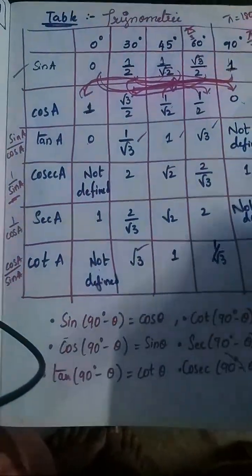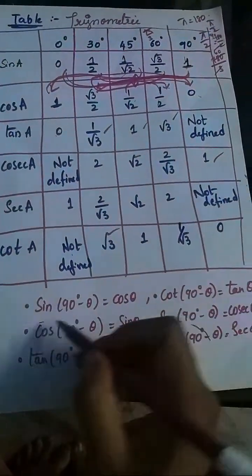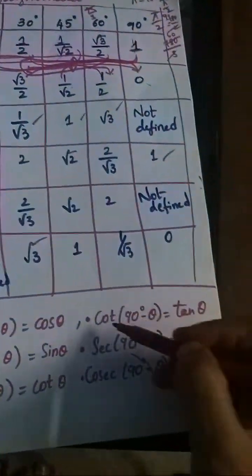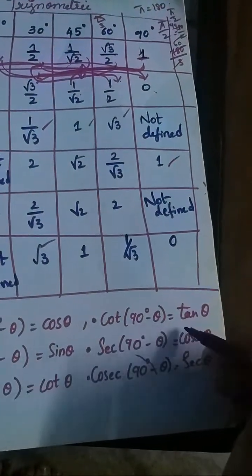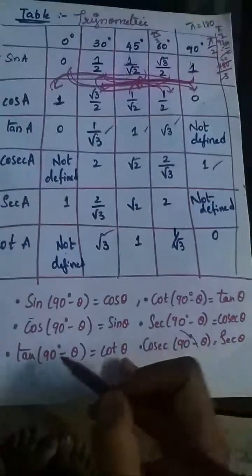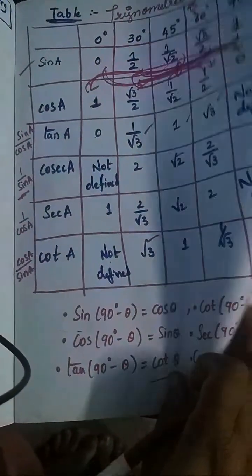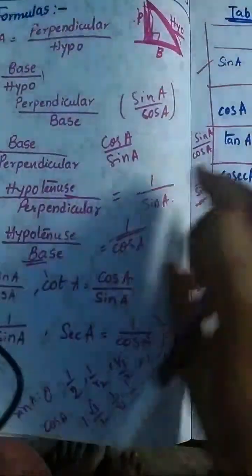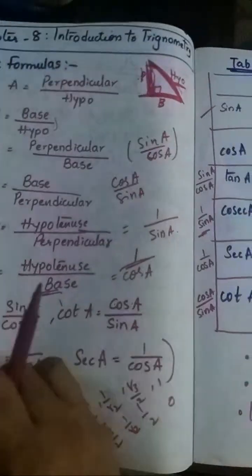Practice this one. And these are some values: sin of 90 minus theta is cos theta, cos of 90 minus theta is sin theta. Opposite: cot, tan, sec, cosec, cosec, sec, tan, cot. Like this we have to remember all formulas of the trigonometry chapter, and some other important formulas I will upload in the next video, children, 10th class.